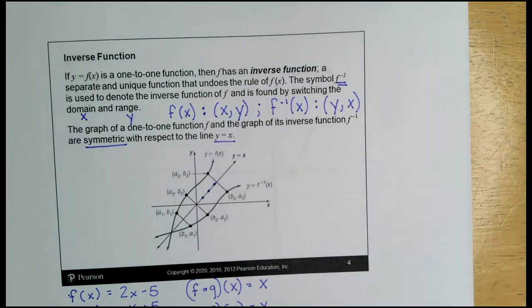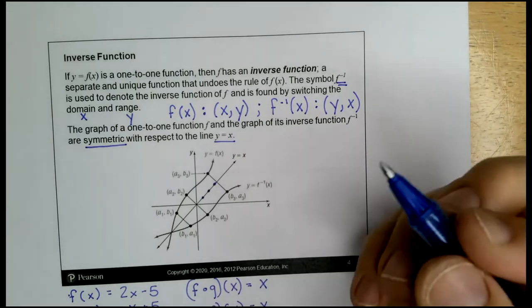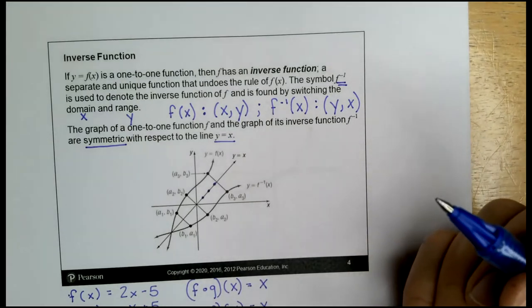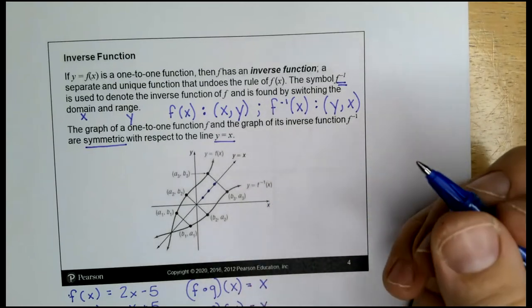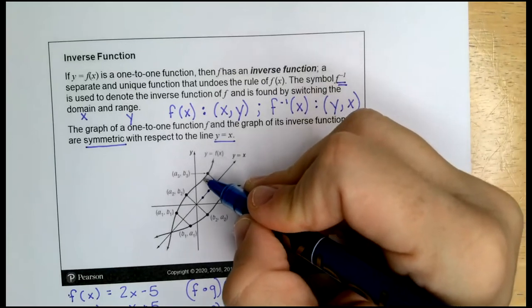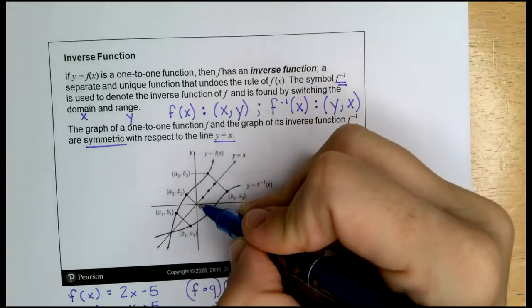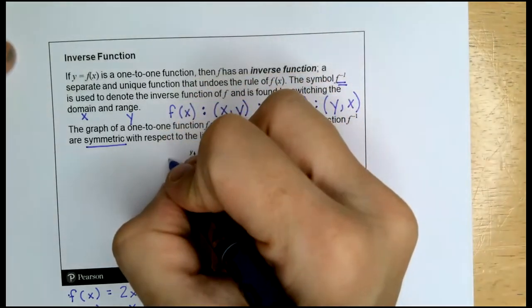So if these are inverses, let's just make some points and see if their points are switched for this function, okay? So let's say this is f of x, we'll start with f of x. It looks like this point might be 1, 2, right? 1 for x, 2 for y.